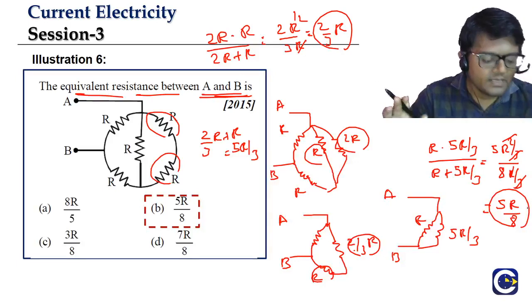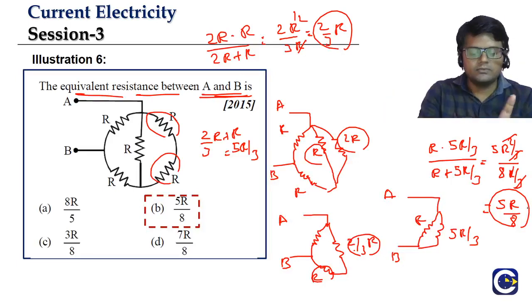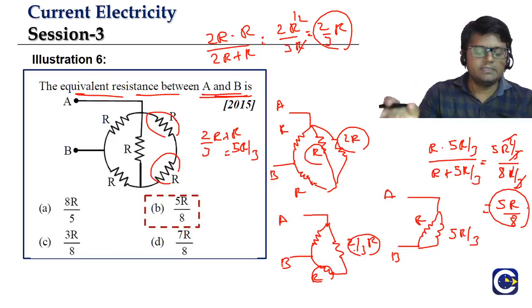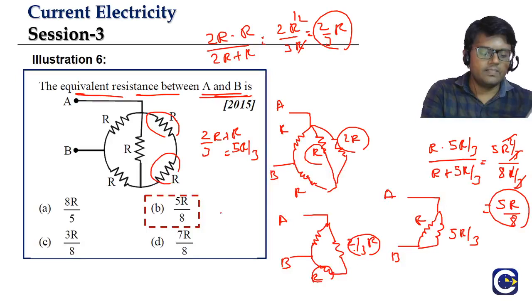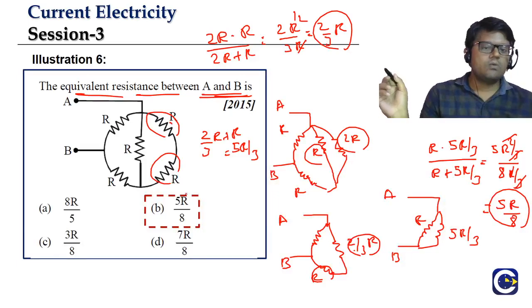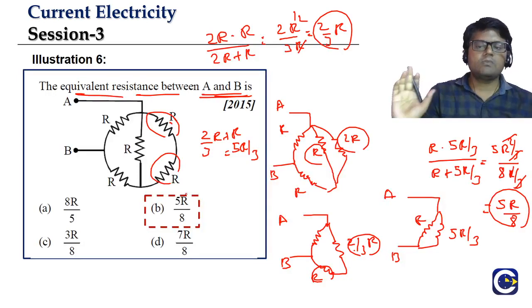Usually it will be done from one typical corner, where we have two resistors in series like this. Right here, on one side this R and this R are in series. From there we are starting. So circuit deduction problems will always start like this, from one corner. So clear? Between A and B, the equivalent resistance value will be 5R by 8.